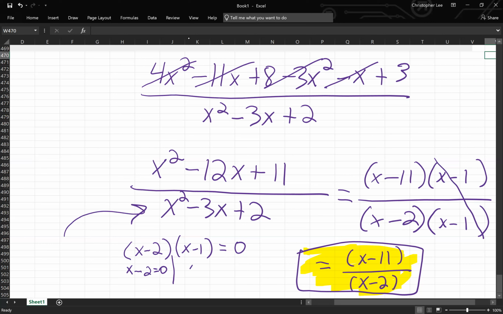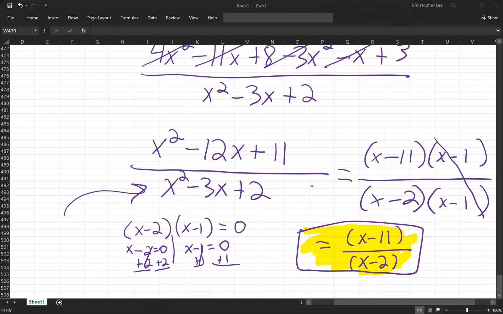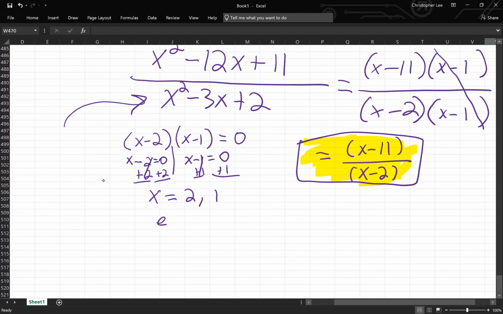So x minus 2, x minus 1 equals 0, solve for x. I'm going to add 2 over here, add 1 over here. So what do I have? Oh shoot, hold on one second. Stupid pop-up. All right, let me try it again. I have x is positive 2 and 1, and these are my excluded values.